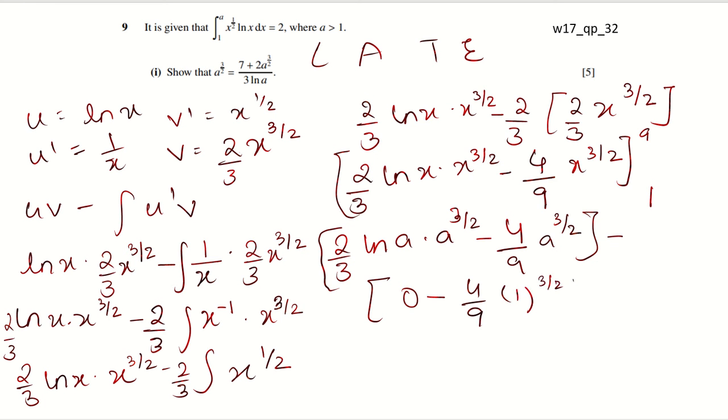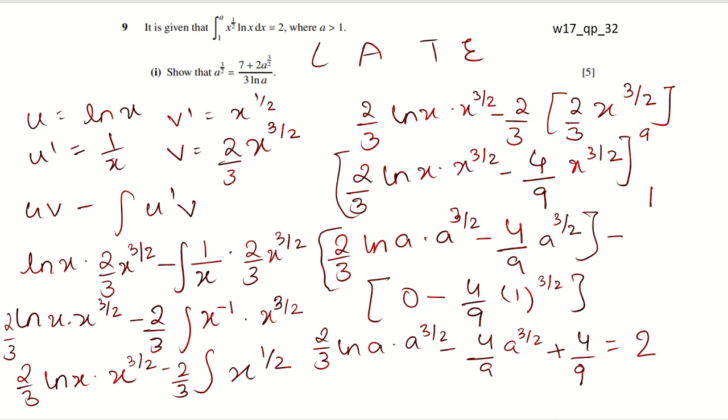So we have 2/3 ln a multiplied by a^(3/2) minus 4/9 a^(3/2) plus 4/9, which is equal to 2, right?